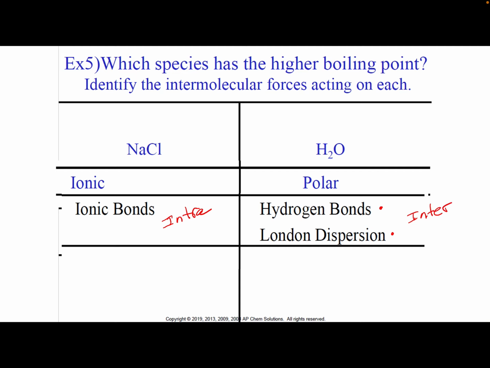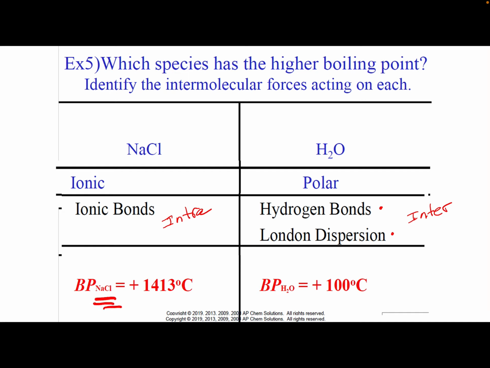Because of that, our ionic bonds are going to be a lot stronger than our intermolecular forces, and you'll notice that the boiling point of sodium chloride is much higher than that of water. So if you're doing an FRQ, it's important to mention that this is because the intramolecular forces are stronger than the intermolecular forces.